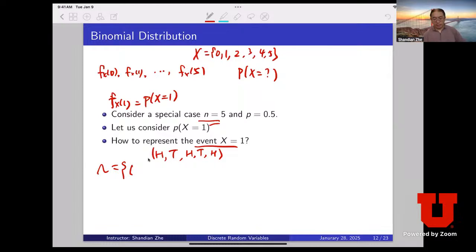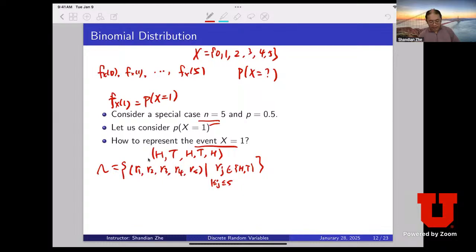Maybe I should use result 1, result 2, result 3, result 4, result 5, denoted R_j, to represent the result for each trial, and each R_j is either head or tail, where j is between 1 and 5, right?